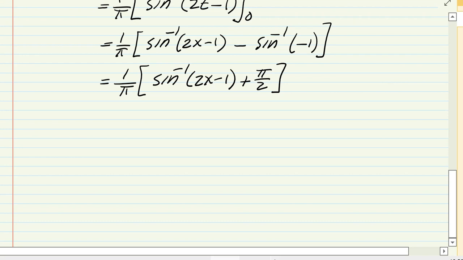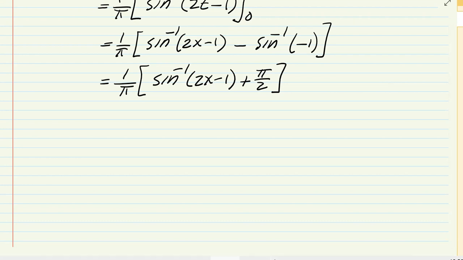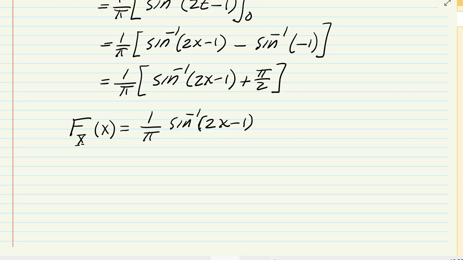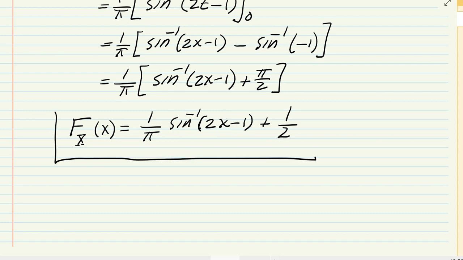We can now distribute the 1 over pi, and the cumulative distribution function is going to be 1 over pi times arcsine, and hence the name, arcsine of 2x minus 1, plus 1/2. And there you have it, the cumulative distribution function. Again, here x must be between 0 and 1.